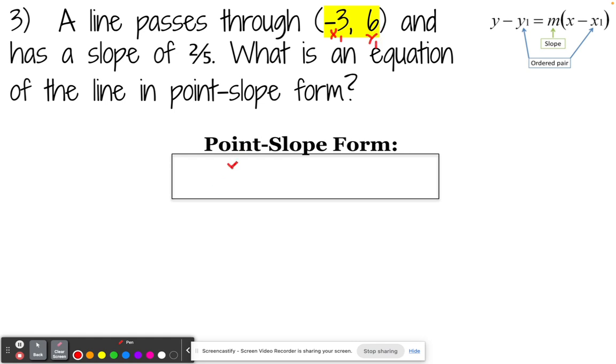So y minus 6 equals, my slope is 2/5 times quantity x minus -3. Again, I have that minus and negative, so I'm going to make that into a plus.